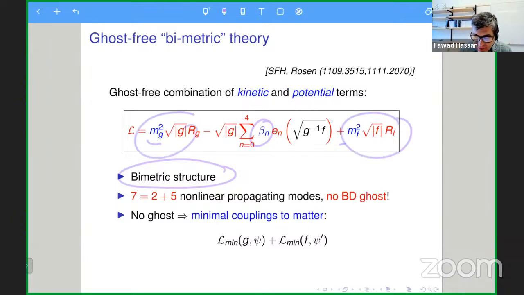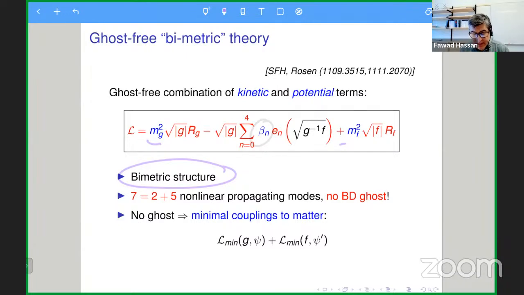The interaction term that they had, of course, was not this one. That's why they had ghosts. But there, they introduced the same Einstein-Hilbert term for G and F just by hand. But in this construction, we don't have a choice. This is the only option, basically. So the fact that we have a bimetric structure is completely dictated by the absence of ghosts.